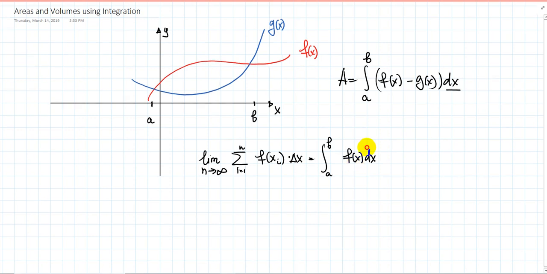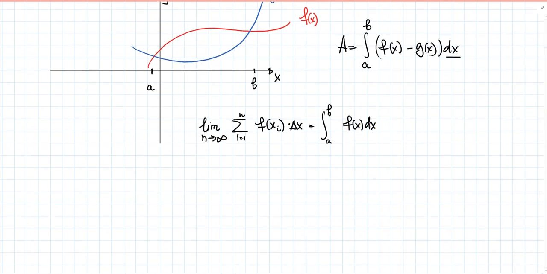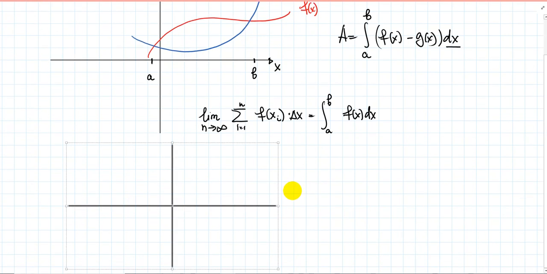So hopefully you understand that if I draw the function like this, for example, let's say this is my f of x equal to the x squared curve.